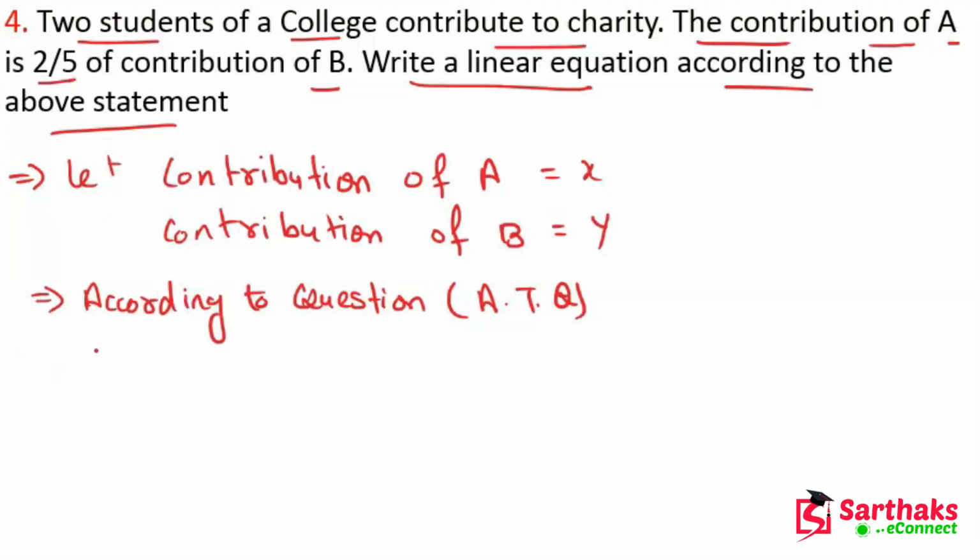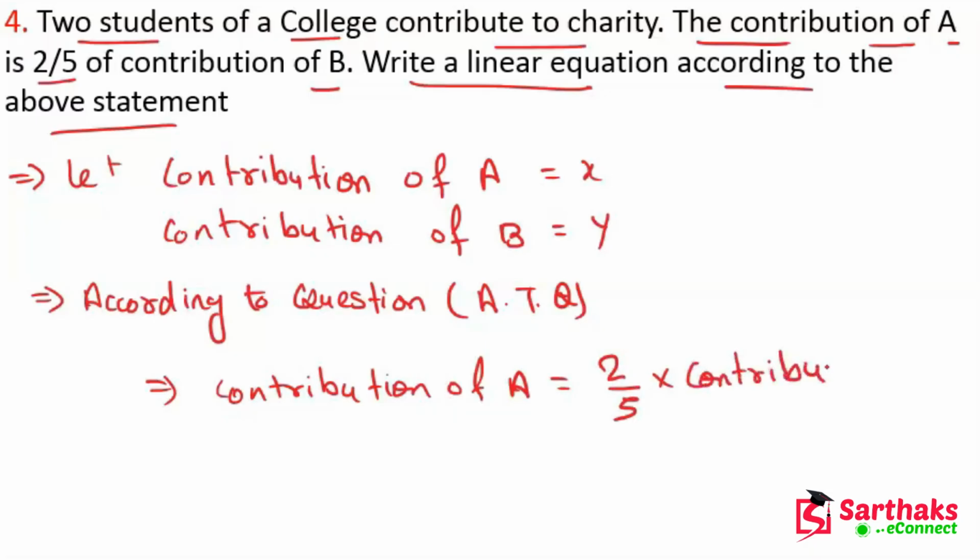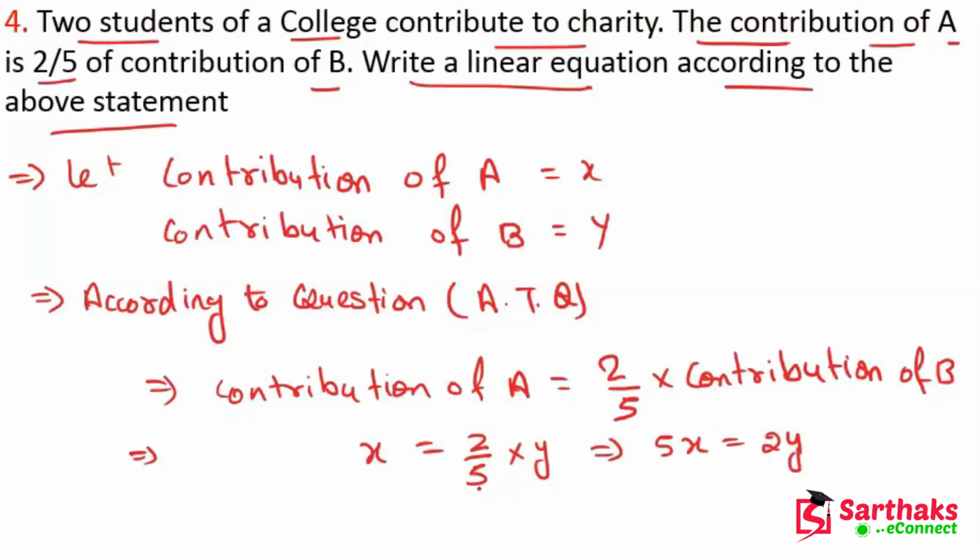Now my dear friends, the contribution of A is 2 upon 5 of the contribution of B. So we can write the contribution of A is equals to 2 upon 5 into the contribution of B. And we know that the contribution of A is X, which is equals to 2 upon 5 into the contribution of B, which is Y. So we get 5x is equals to 2y, because we are shifting this y to the LHS.